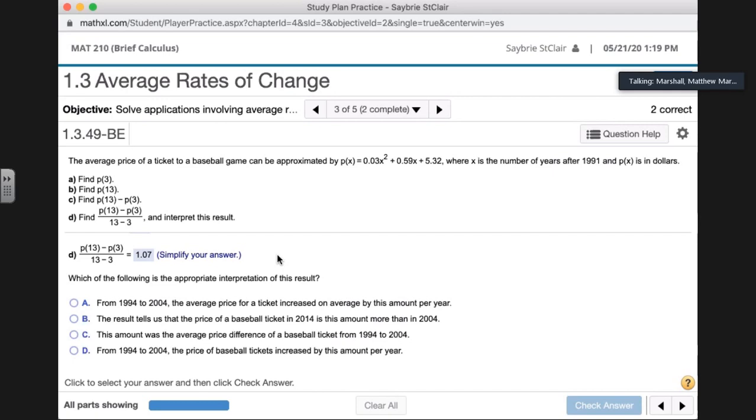So I guess from 1994 to 2004, average price of a ticket.